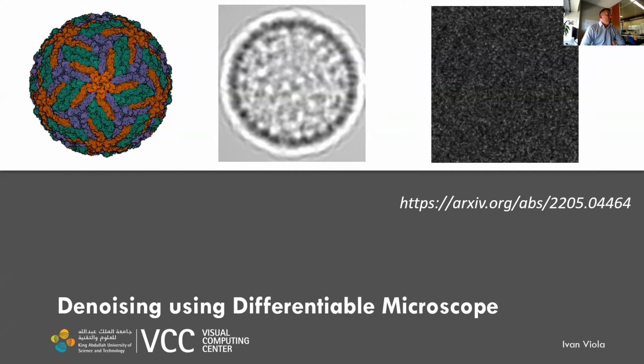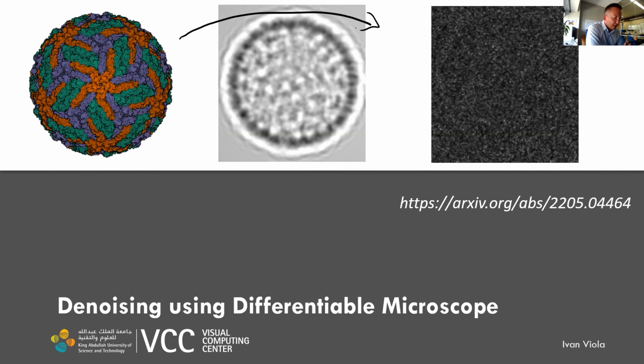And if we can make them differentiable, this means that we can go backwards in the microscopy process, meaning going from the finally rendered tilt series to the representation of our specimen.